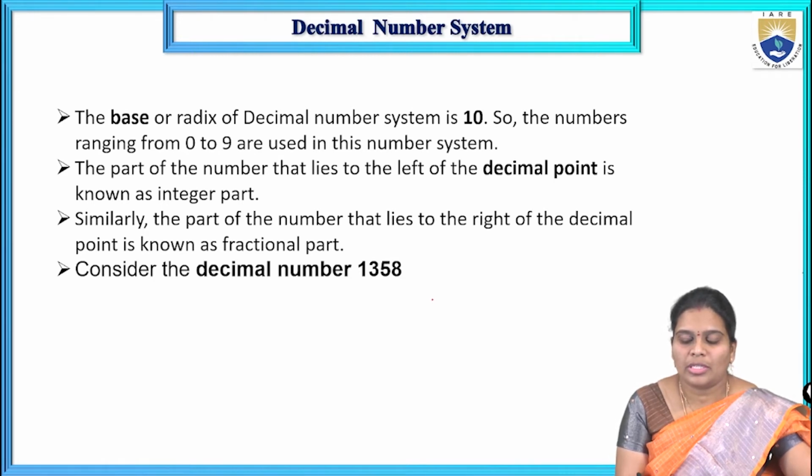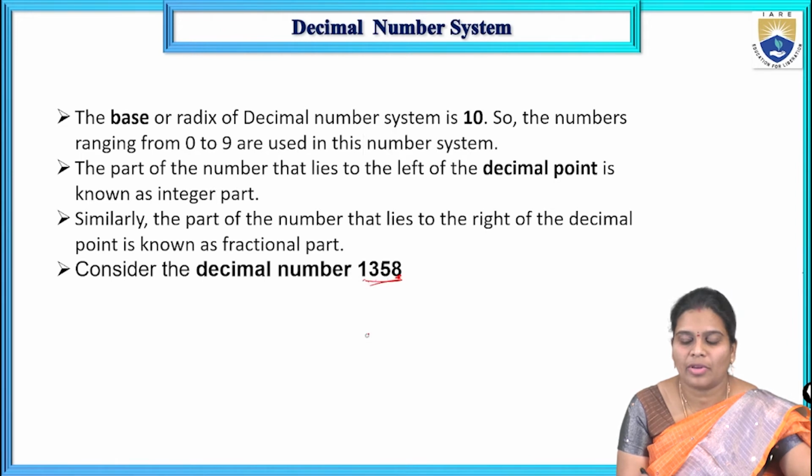If this is the decimal value 1358, here we are taking the weight of each particular position. This is the first position, then the 10s position, 100s and 1000s positions.